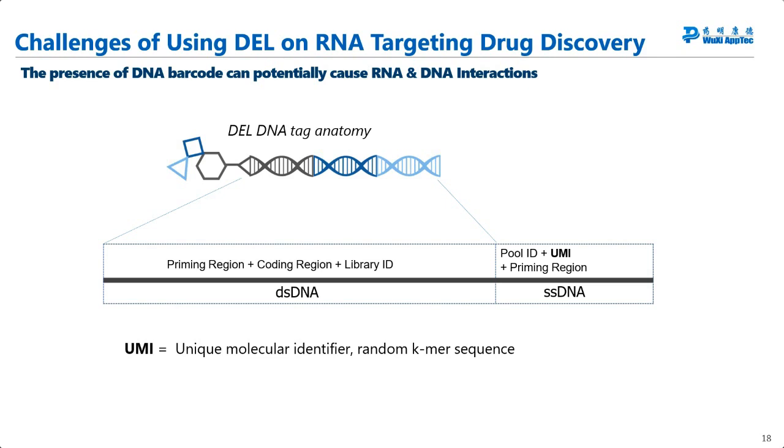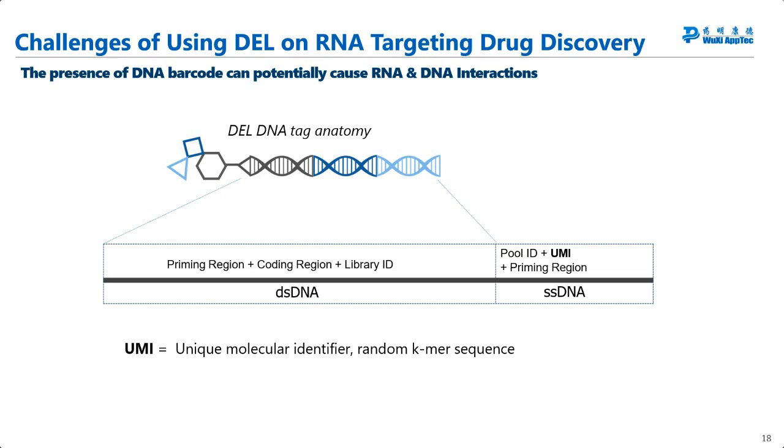The double-strand DNA region spanning the 5' forward priming, coding, and library ID, and the 3' single-strand DNA region spanning pool ID, degenerate sequence, and the reverse priming. The reason for this design is to facilitate primer annealing during PCR amplification, because the top and bottom DNA strands are covalently linked through the linker.